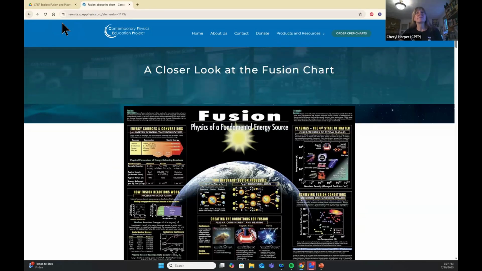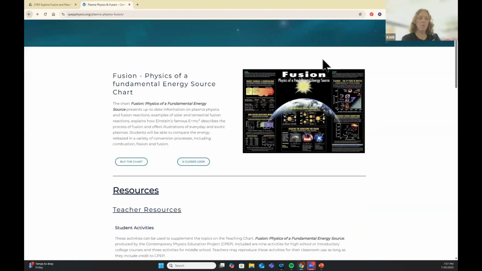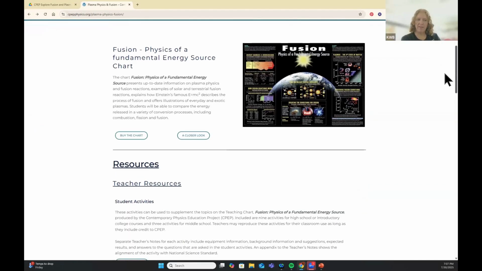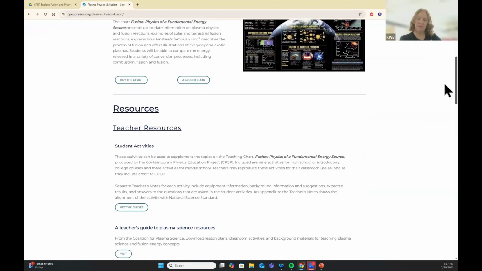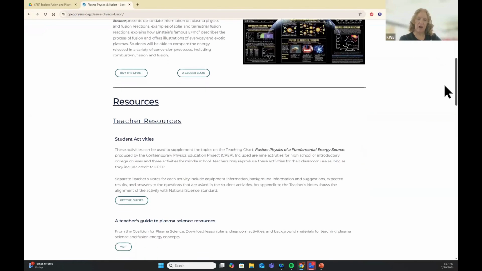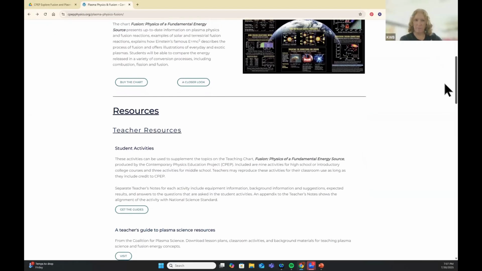So the charts were what CPEP started out making to present in a succinct manner the most up-to-date research and knowledge on these topics that weren't typically covered in high school and college classes. So we still do the charts and we still keep them updated. So particle physics, there's the nuclear and fusion, which we're talking about today.